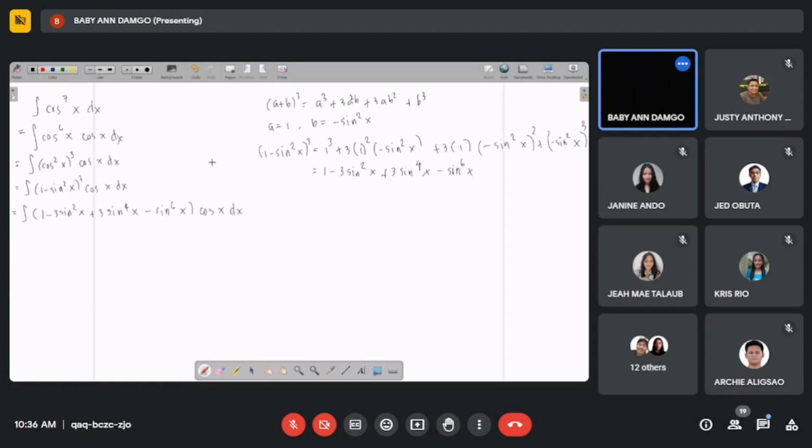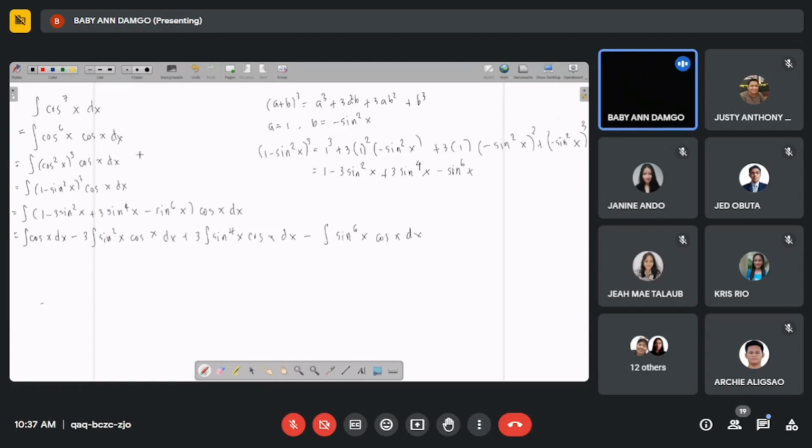Okay? So we have to distribute. We have this is equal to the integration of cosine x dx minus 3 integration of sine squared x cosine x dx plus 3 integration of sine to the fourth x cosine x dx minus the integration of sine to the 6x cosine x dx.